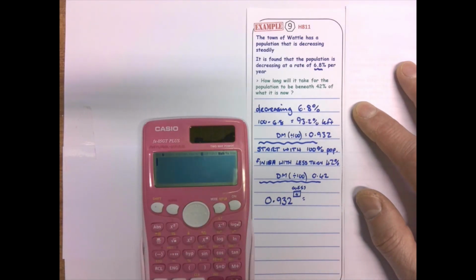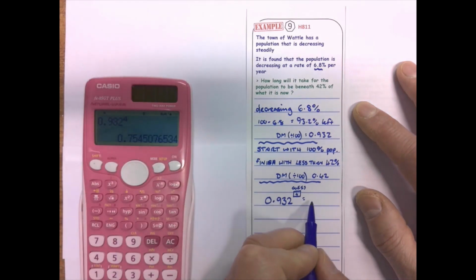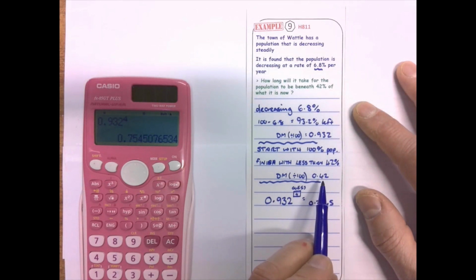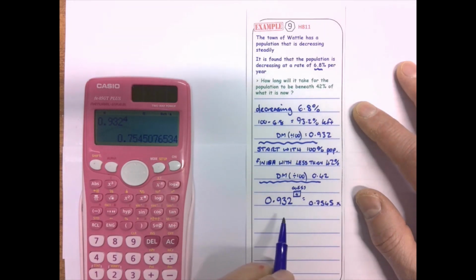Turn the calculator on. 0.932. Take that to the power 4, and I've got 0.7545. Okay, now is that less than 0.42? No, I've still got like 75% of the people left now. I've still got too many people.